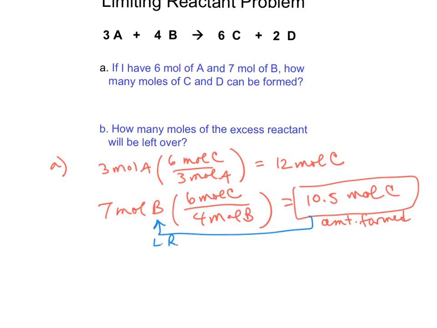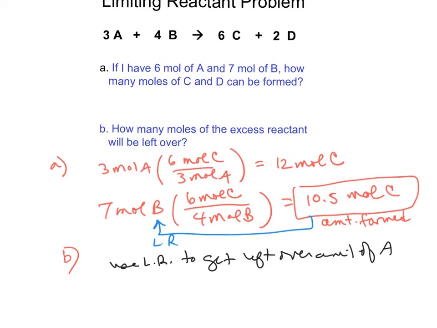So part B here is to use the limiting reactant to figure out the leftover amount of A. Okay, so we're going to use the limiting reactant, which is 7 moles of B. That's how much we have.